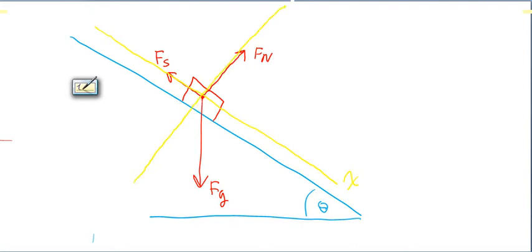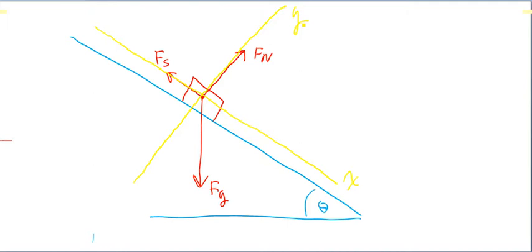And the reason for that is that it allows both the force of static friction in this case and force normal to be only in the x or y direction, whereas if I was to solve this problem with an x and y axis that would be horizontal and vertical, then only force gravity would not need to be resolved.